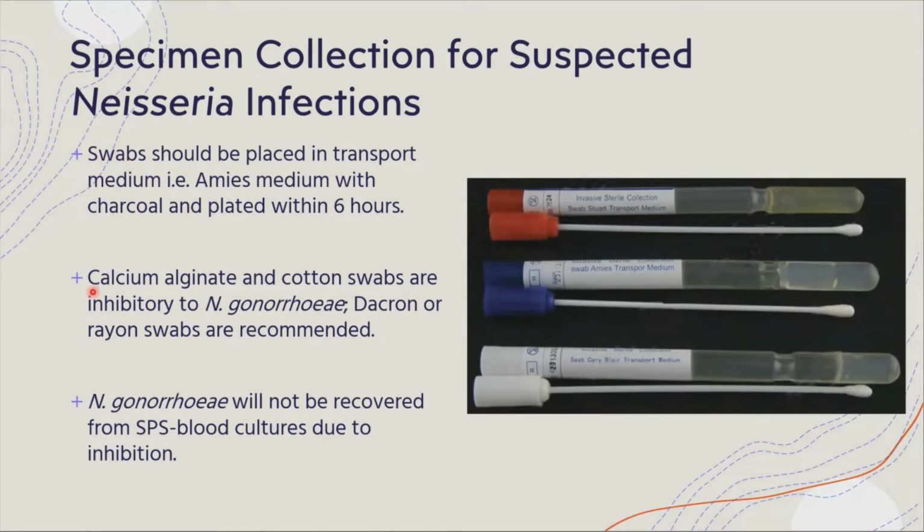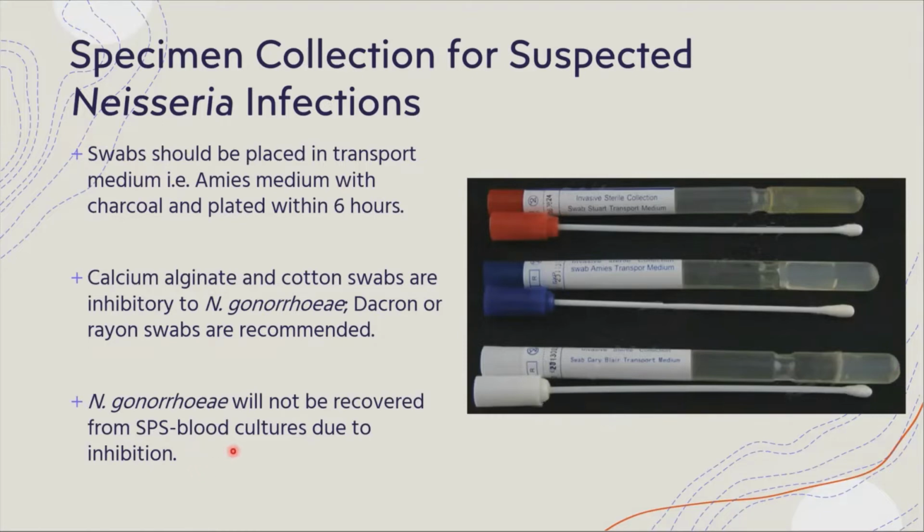We don't just use any swabs. Okay? Kasi calcium alginate and cotton swabs are inhibitory to Neisseria gonorrhoeae. That's why swabs made of dacron or rayon are recommended. Neisseria gonorrhoeae will not be recovered from sodium polyanethol sulfonate blood cultures due to its inhibitory property.